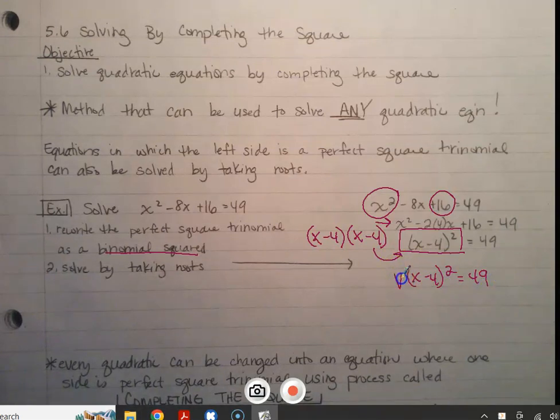Now we take the square root of both sides. The square root of the first one is x minus 4, and the square root of 49 is 7, so we've got plus or minus 7. Then we add 4 to get x isolated, so x would be 4 plus or minus 7.